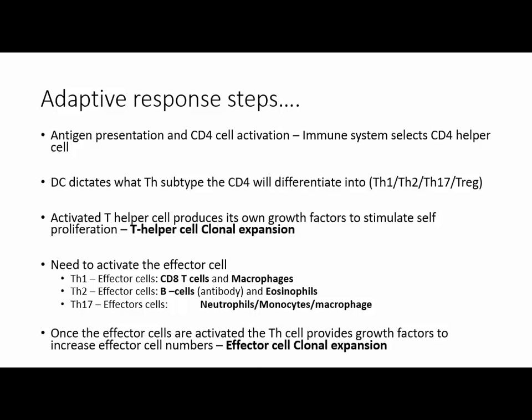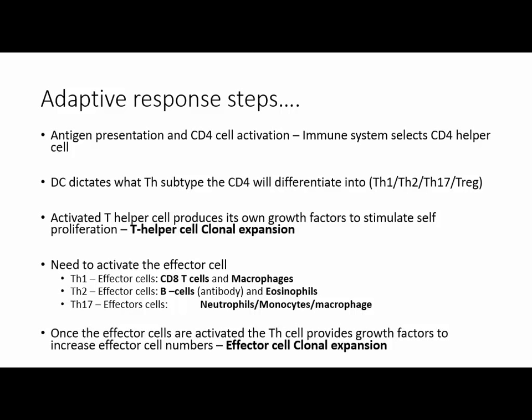In the case of a Th17 response, it'll be neutrophils, monocytes, and macrophages, and in some literature you'll even see CD8 cells as well. Okay? I mean, the Th17 response is like a crazy alarm going off. It's just a case of we need a massive response because we've got a massively infectious agent.